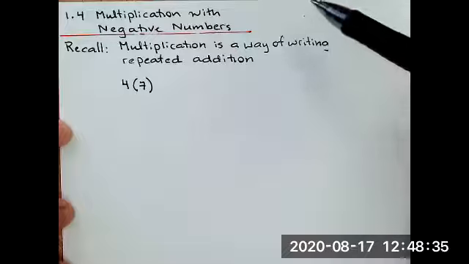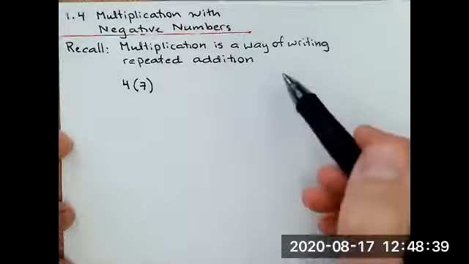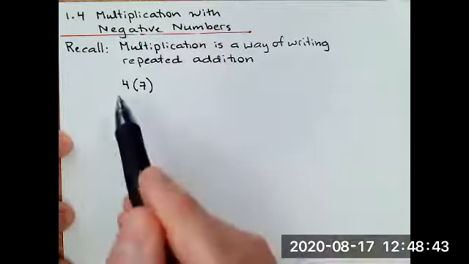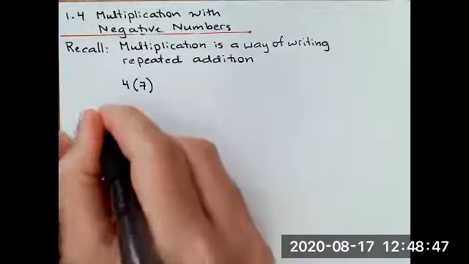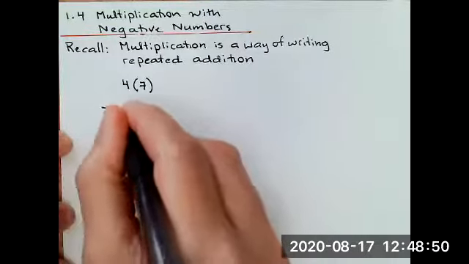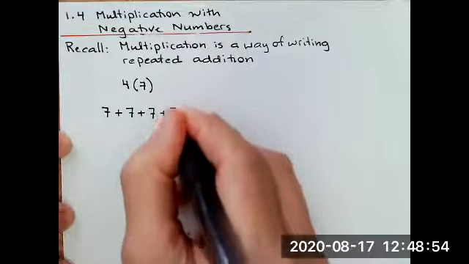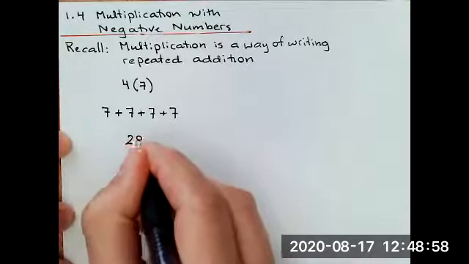All right, multiplication with negative numbers. Recall that multiplication is a way of writing repeated addition. So 4 times 7 means that you've added 7 to itself 4 times. 4 times 7 is 28.